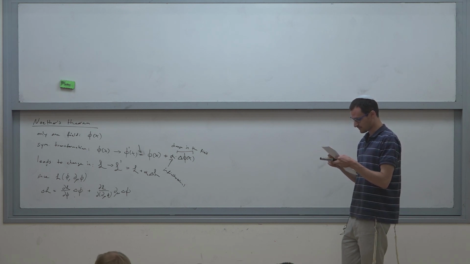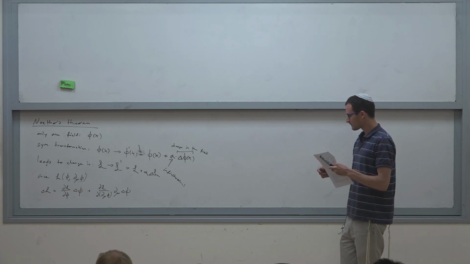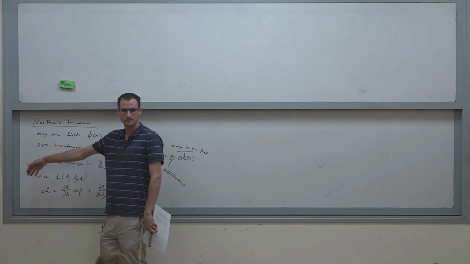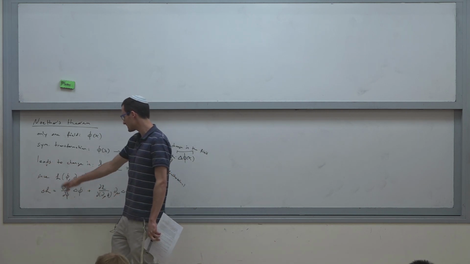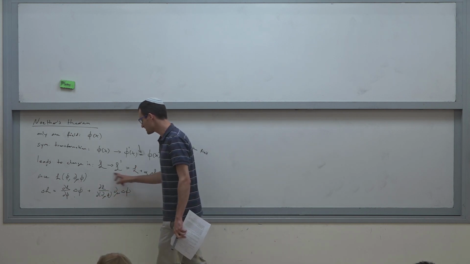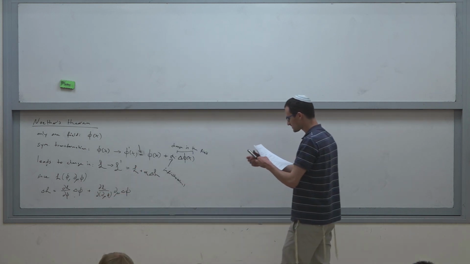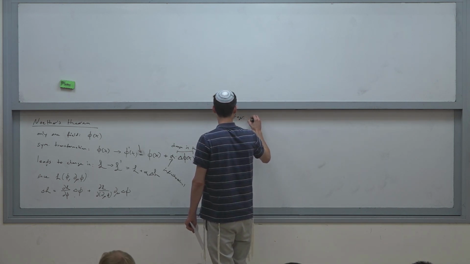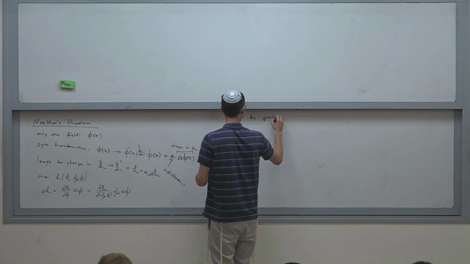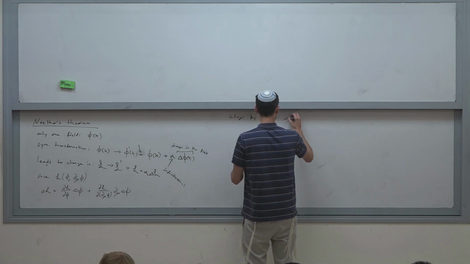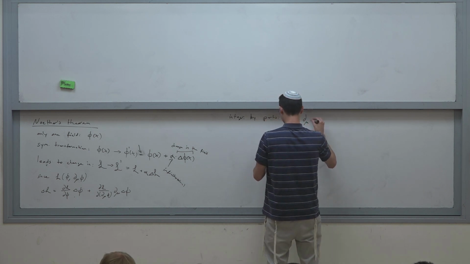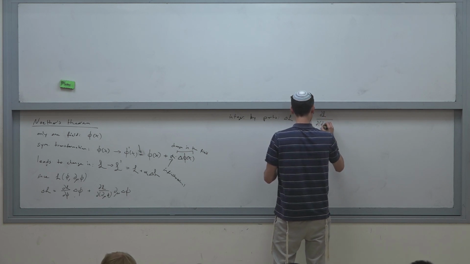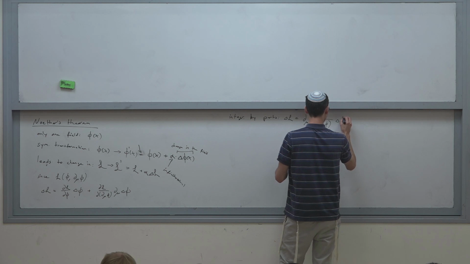Now, this expression can be simplified. Remember that all of this has to actually appear inside the action. So there's an integral d4x over all of this, which means I can integrate this by parts. And of course, I get a surface term. So when I integrate this by parts, we get that delta L, the change in the Lagrangian, is d mu times dou L dou mu phi times delta phi.